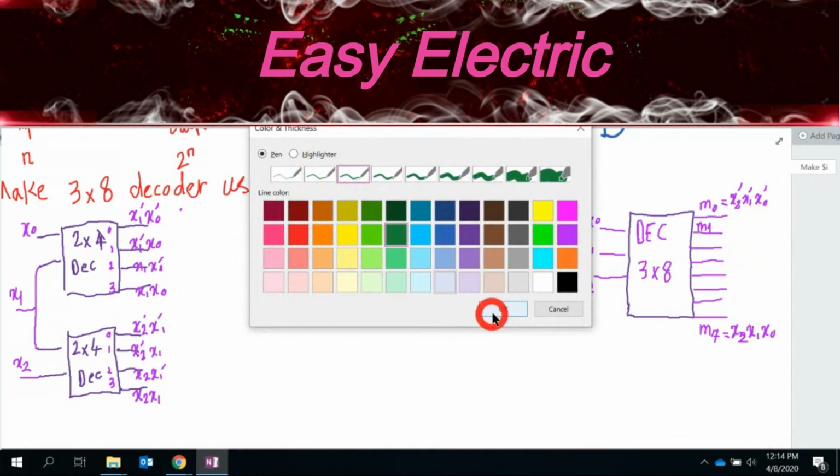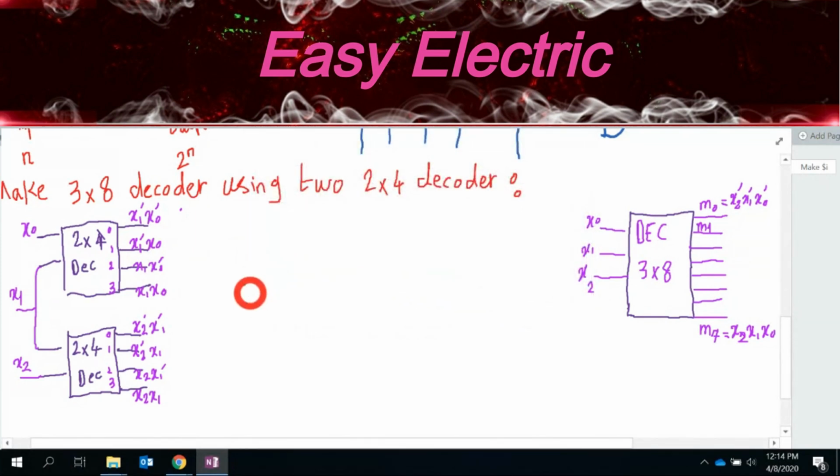So I'm going to do this maybe with another color. I'm going to use one AND gate. This is the AND gate. I call this M0, the first output of the 3x8 decoder. Now you help me. Which of them do I need to connect? Definitely I need x0' x1', so this should be connected to this, and the next should be connected to this.